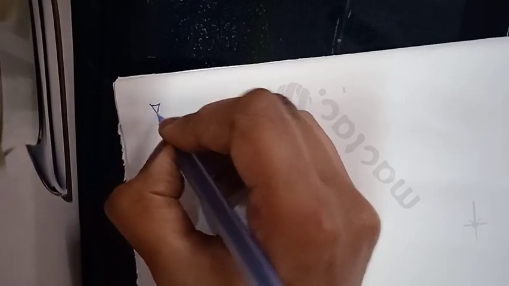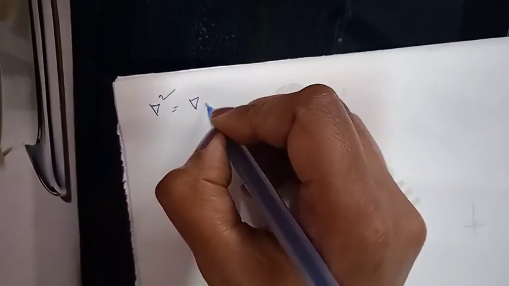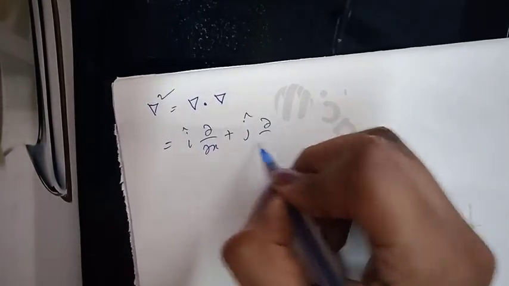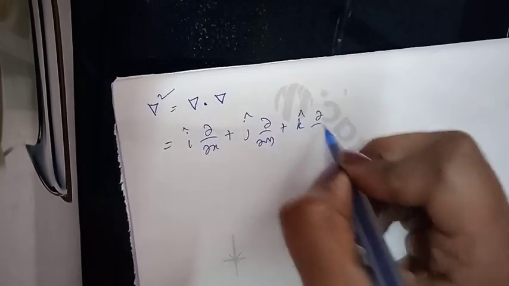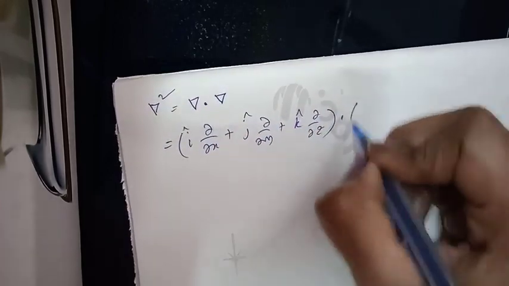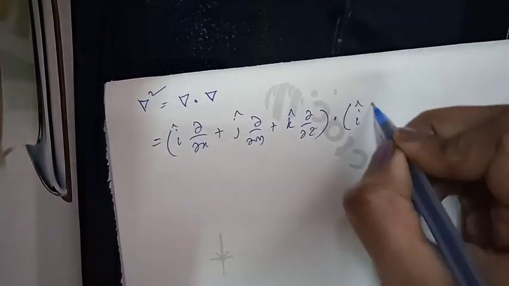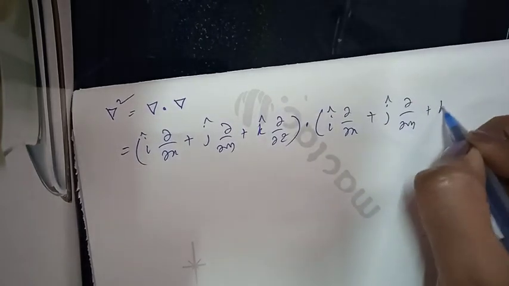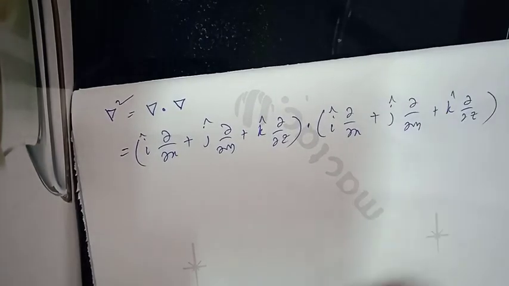Now you might get another thing which is called del square. That means this del operator dot this del operator. How to calculate its value? Its value is very simple. Put the values: i cap del x, j cap del y plus k cap del z, dot i cap del x plus j cap del y plus k cap del z, right?